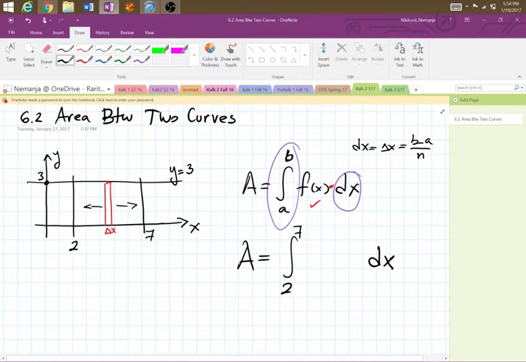It's left to right, so 2 to 7 dx. And the height of the rectangle is hitting the function on top, and the bottom rides on 0. So you technically have 3 minus 0, but it's just 3, because that's the function, f of x. The y equals 3. f of x equals y, right?